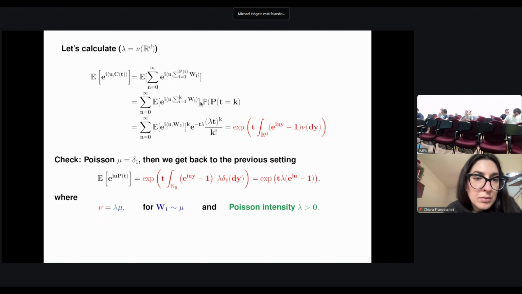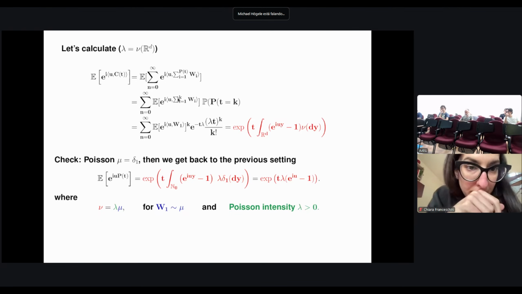What we have is a conditional expectation, conditional to the event of Pt being k. But the Wi's are independent, so you can just replace the Pt by k. And what you get here is e to the iu, and then you have a sum of things in the exponent.